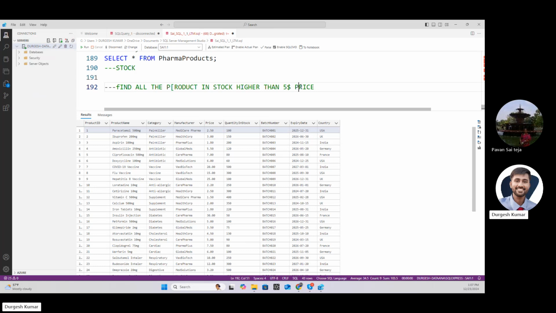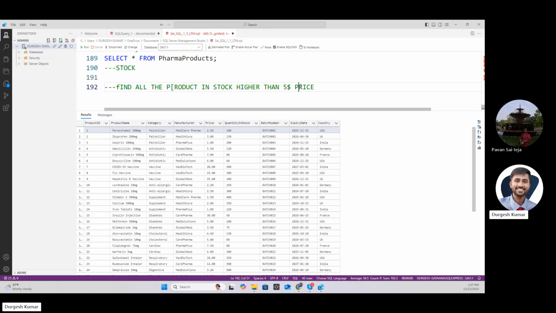Mostly when you are deployed in a pharmaceutical company, you will be working for them only, not for a provider. So for this analysis, we wanted to see how many products we have with a price greater than $5 and that are in stock.